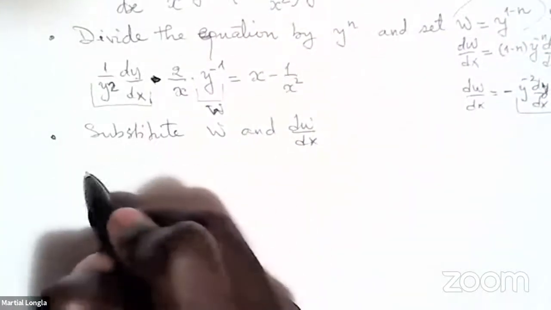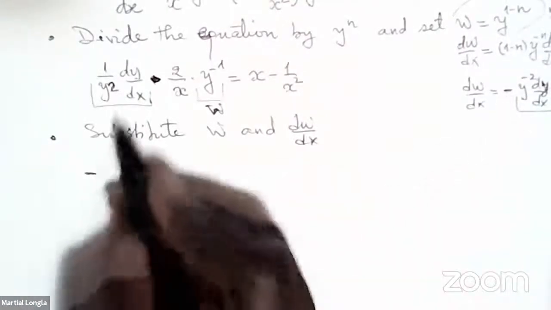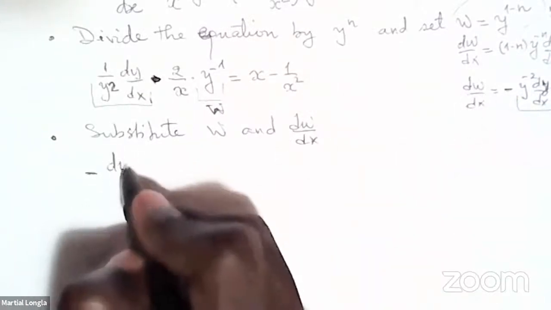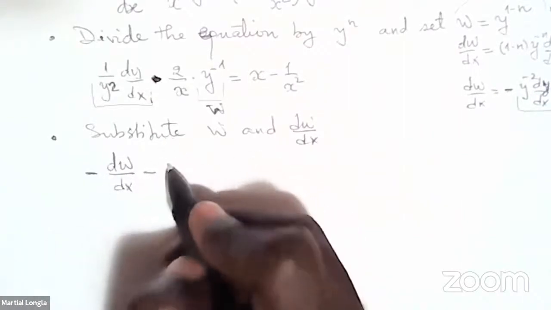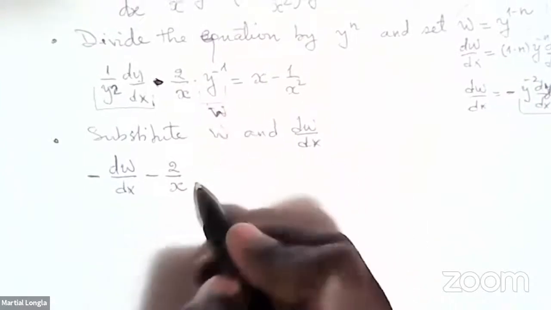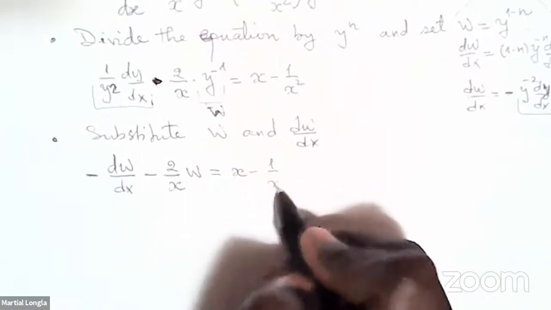Because we have this minus here, (1/y^2) dy/dx is negative dw/dx. So we get negative dw/dx - (2/x) w = (x^2 - 1)/x^2.